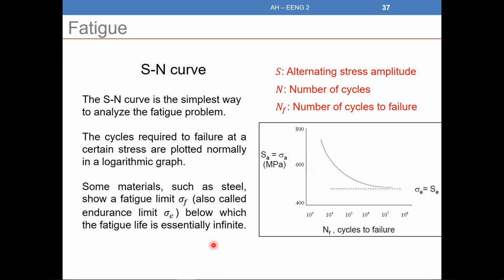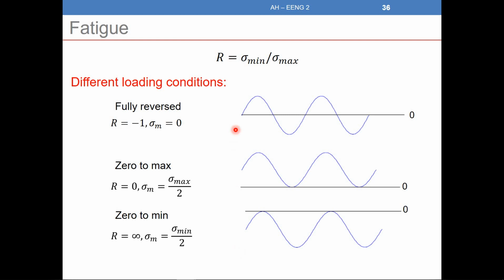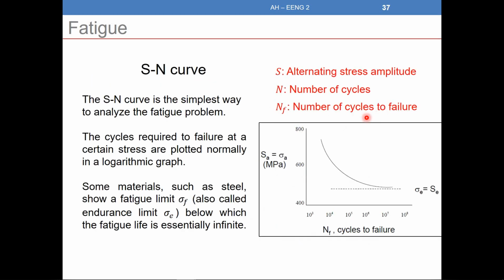So if I go back here, if I put an alternating stress of 600 megapascal on the specimen, it will take 10 power 4 cycles to failure, so only 10,000. If I reduce the alternating stress, that's normal. I reduce it to 500 and do the alternating stress for another specimen, it will take 100,000, 10 power 5 cycles. So every time I increase the stress amplitude, it will take fewer cycles to failure. And of course, if I reduce the stress amplitude, because I'm reducing the stress, it will need more cycles in order to fail.